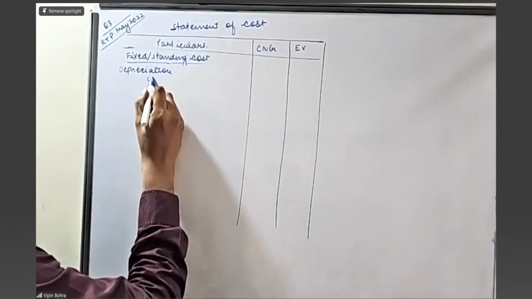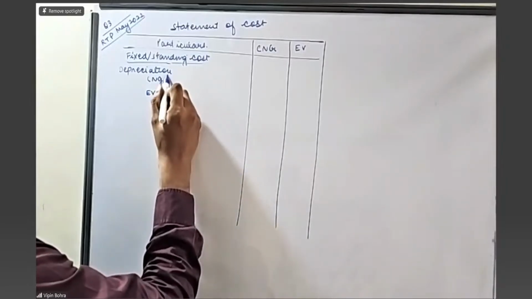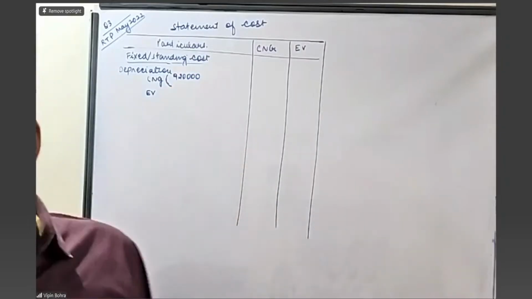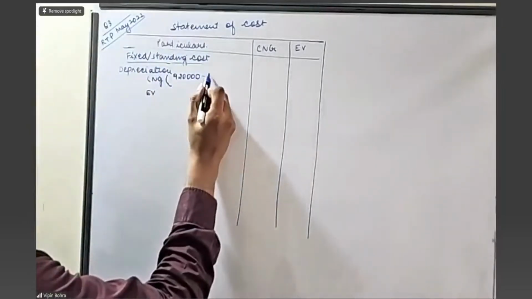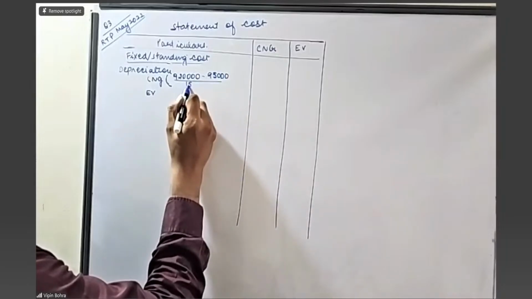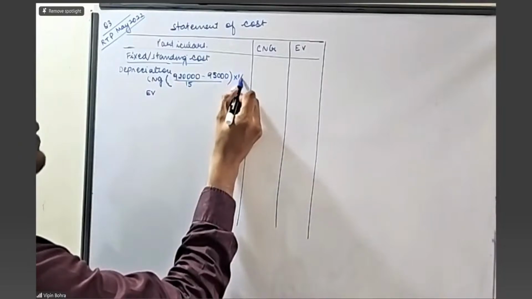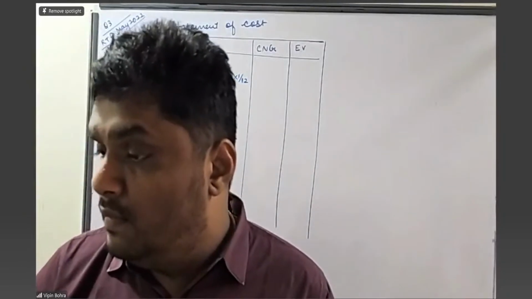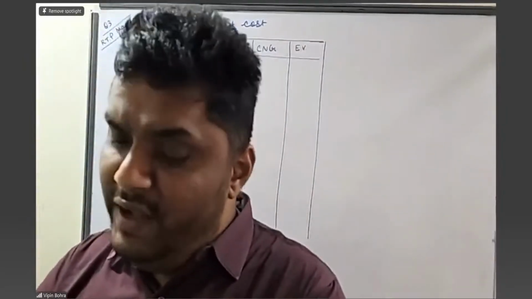For CNG and for EV, we will show the calculation separately. So 9,20,000 is the cost of vehicle minus the scrap value of 95,000, useful life is 15 years, into 1 by 12. Similarly, for EV cars, they are getting a subsidy of 1,50,000.